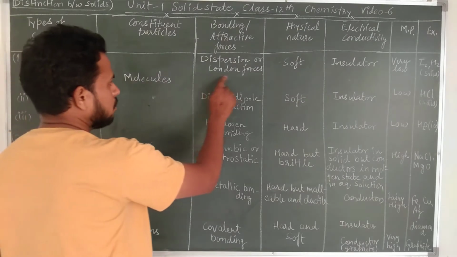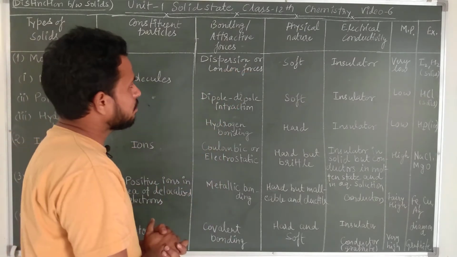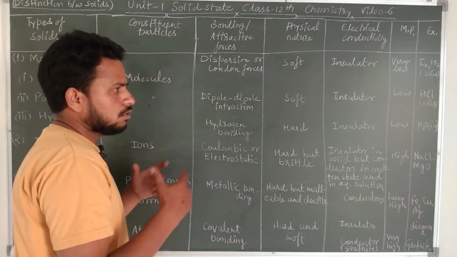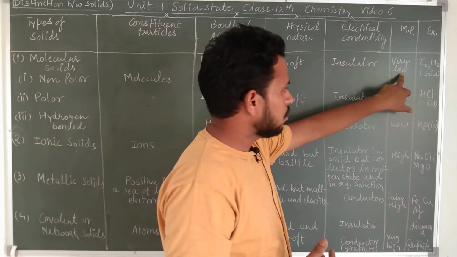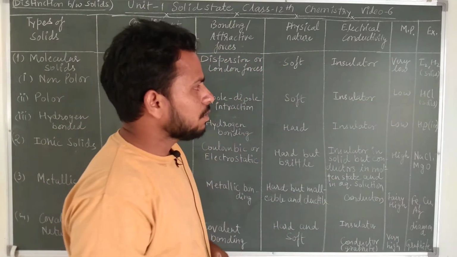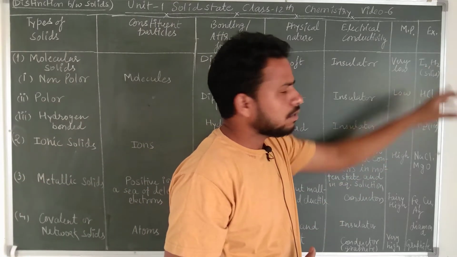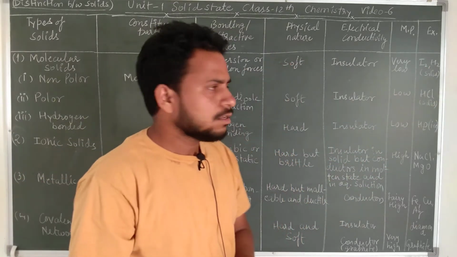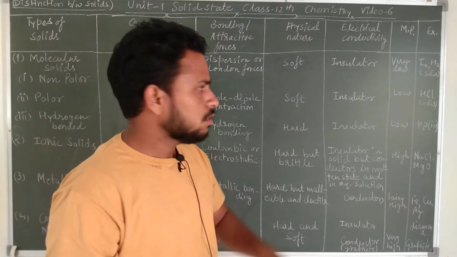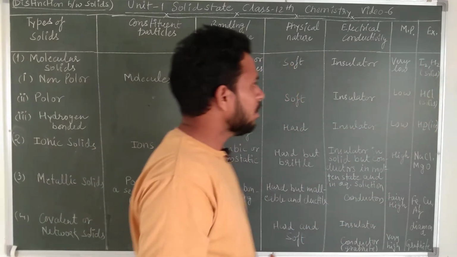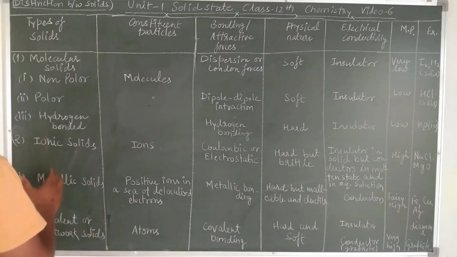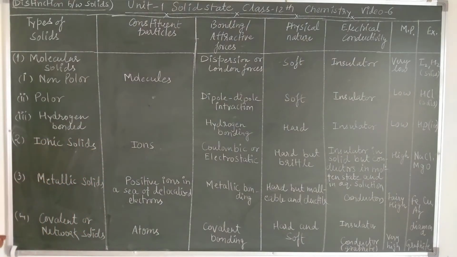It depends on the attractive forces. Further, if we talk about examples, the examples are iodine and hydrogen. These are not in the gaseous state, they are in solid form.